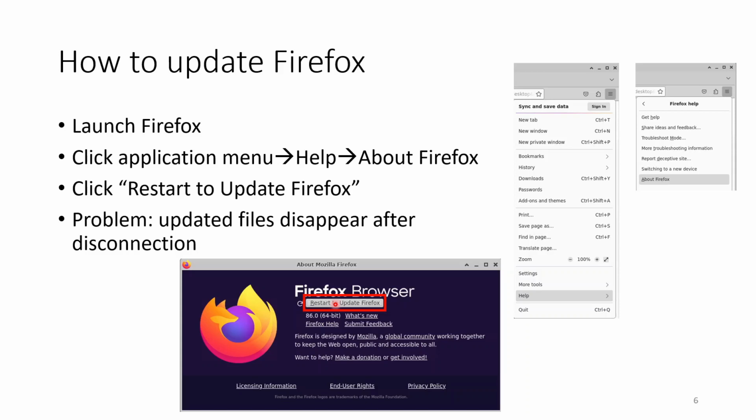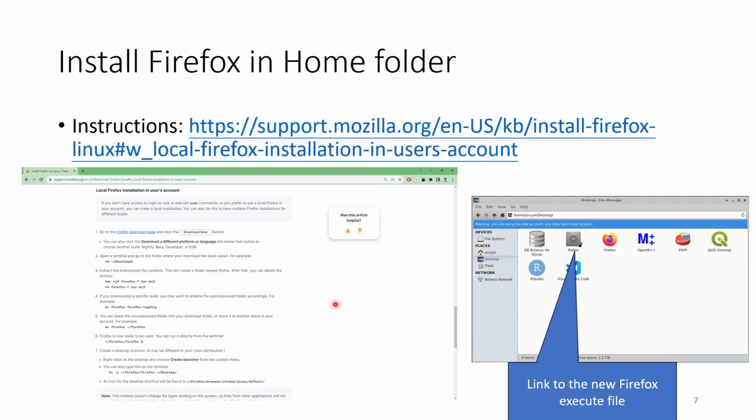But the problem is every time you need to do it again. So I use another solution. I just install another copy of the latest Firefox to my home folder, because the home folder is mounted by a real SSD. Therefore, every time after logging into the system, I can use the latest version.